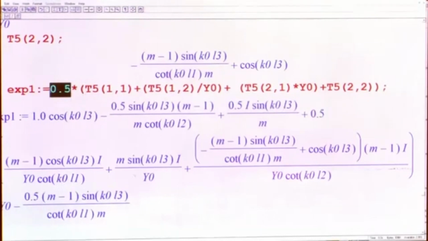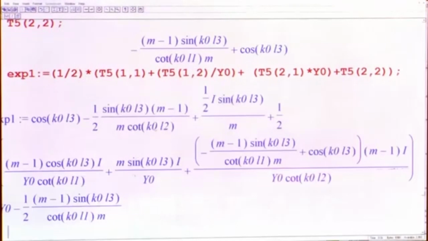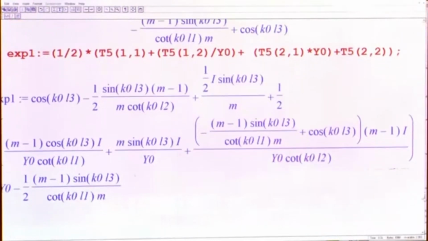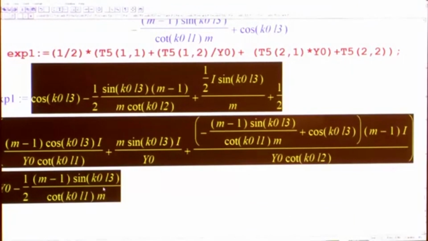Probably a better thing would be to multiply this by half and go about doing things. So, this is the expression that you get. Eventually we need to take the log of this expression to the base 10 and multiply it by 20.